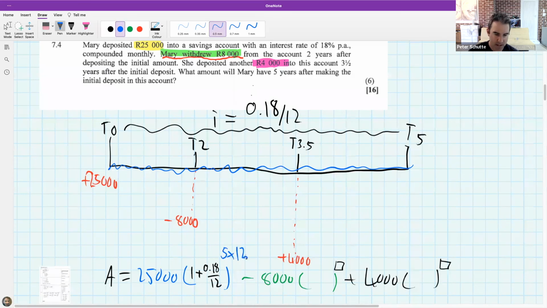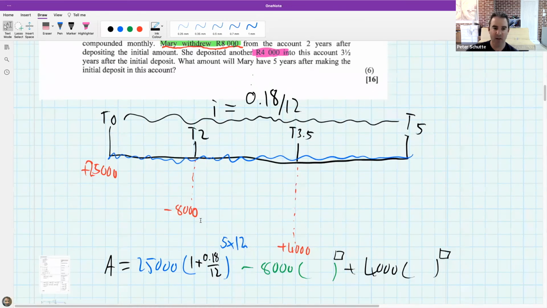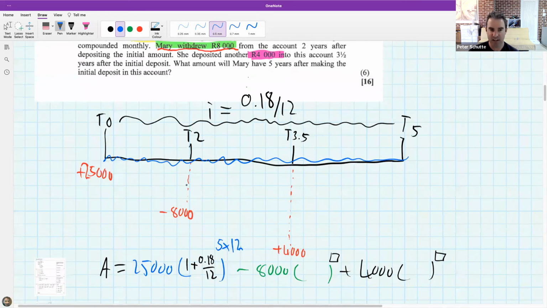Now, the problem is that's not the full story because I've pretended that I've left this 8,000 in, which I know comes out. So I'm now going to take out the 8,000, but not just the 8,000. I'm going to take out all the growing that 8,000 would have done as well. So now I'm going to go 1 plus. The interest rate is still going to be the same. Now, what is the power going to be for the 8,000?